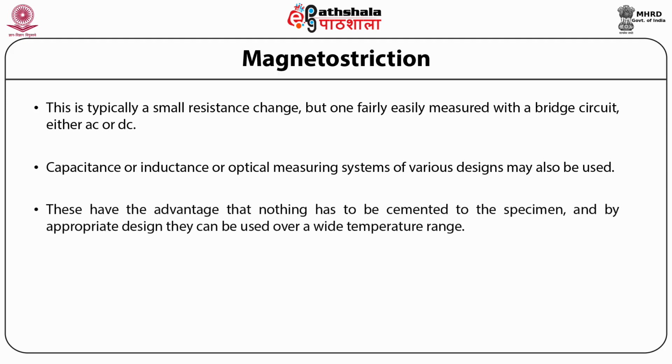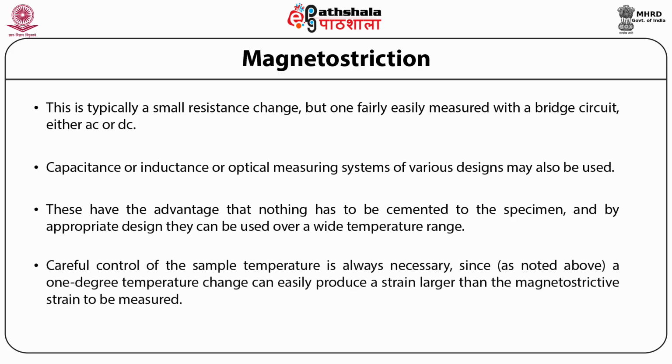These have the advantage that nothing has to be cemented to the specimen, and by appropriate design they can be used over a wide temperature range. Careful control of the sample temperature is always necessary, since, as noted above, a 1 degree temperature change can easily produce a strain larger than the magnetostrictive strain to be measured.